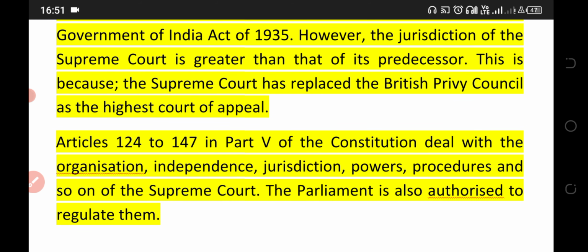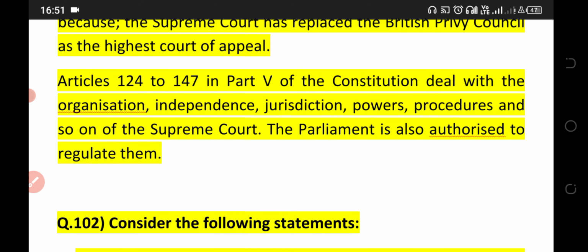This is because the Supreme Court has replaced the British Privy Council as the highest court of appeal. Articles 124 to 147 in Part 5 of the Constitution deal with the organization, independence, jurisdiction, powers, procedure and so on of the Supreme Court.